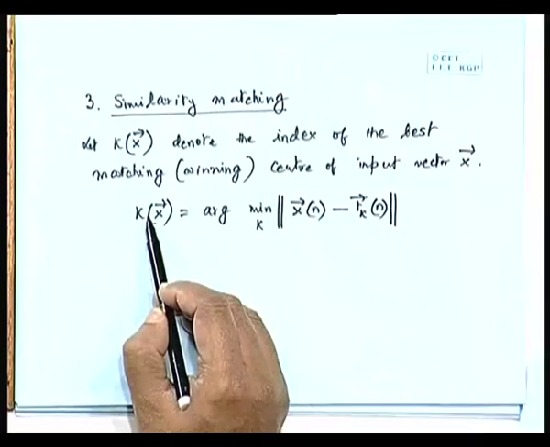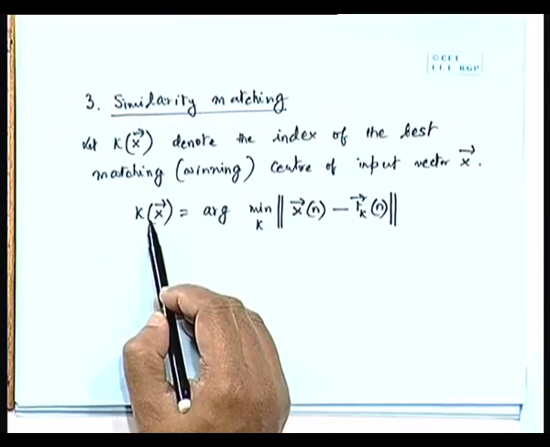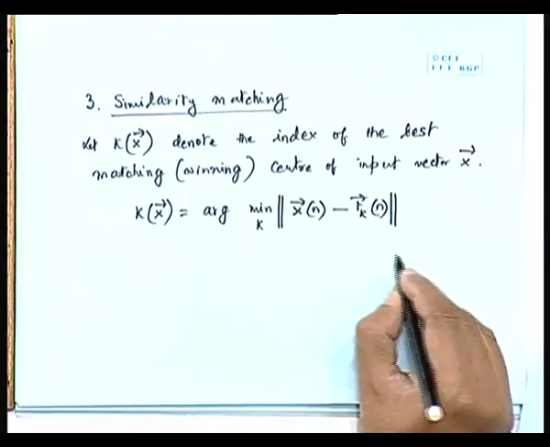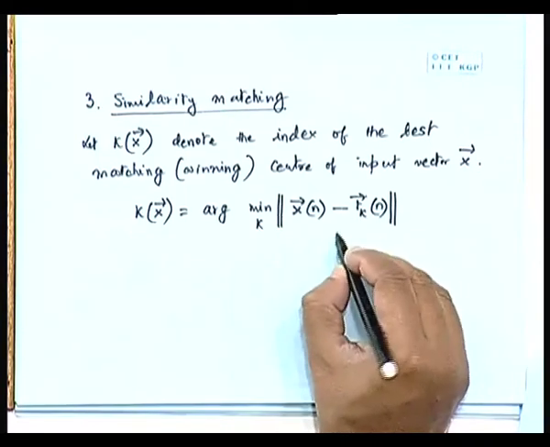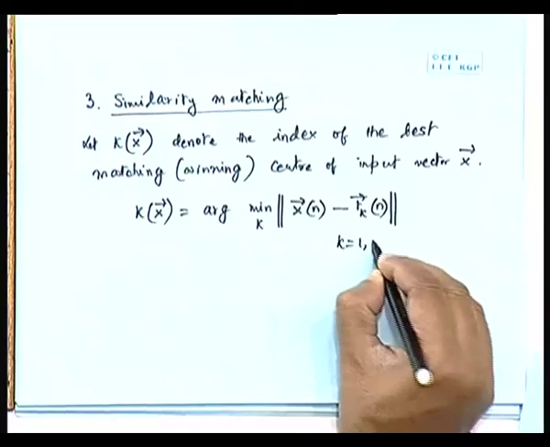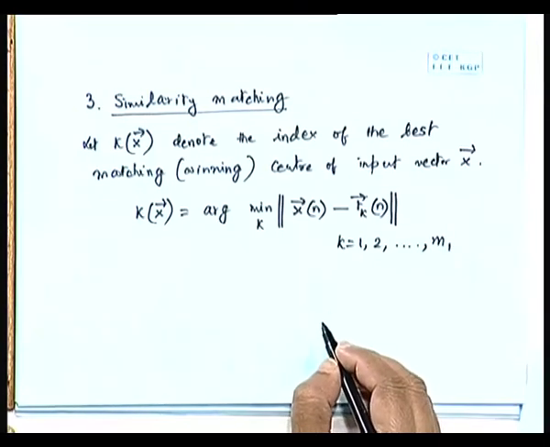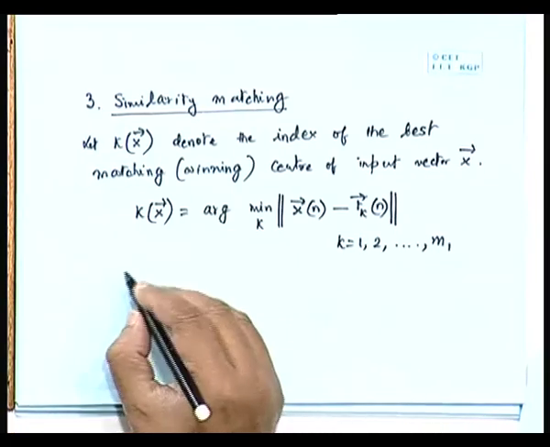So we take the argument of this minimum function, and that will give us the index of the winning center for the pattern x. The value of k in our case can vary from 1 to m1, because we have assumed that there are m1 different centers that we have chosen.